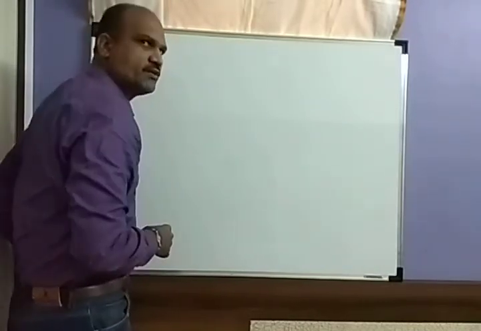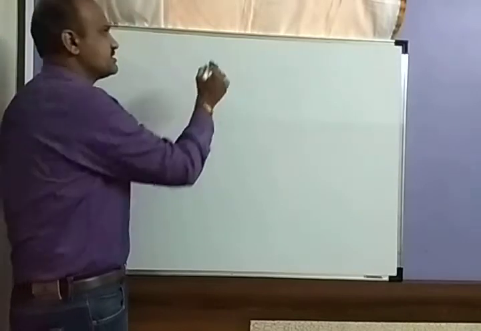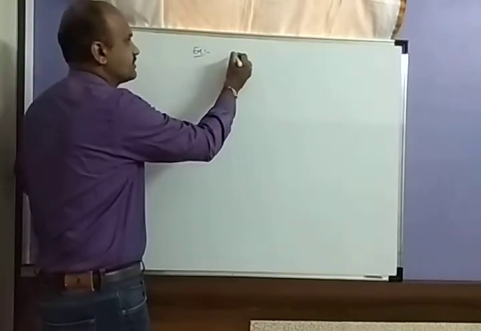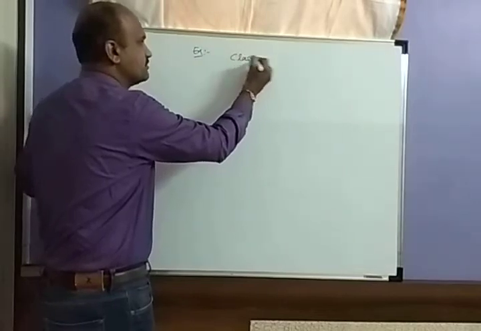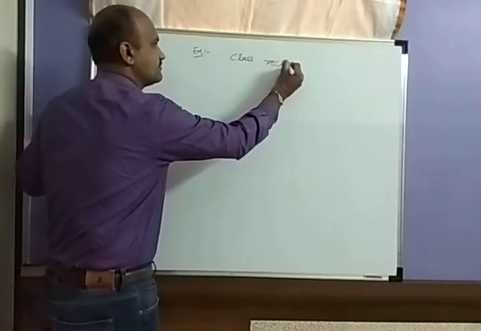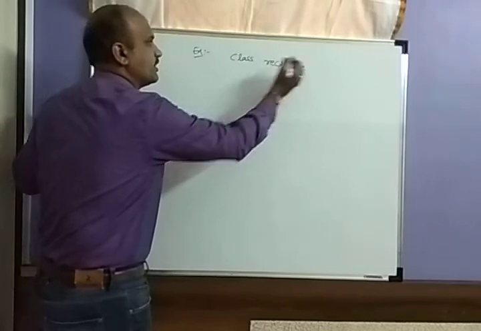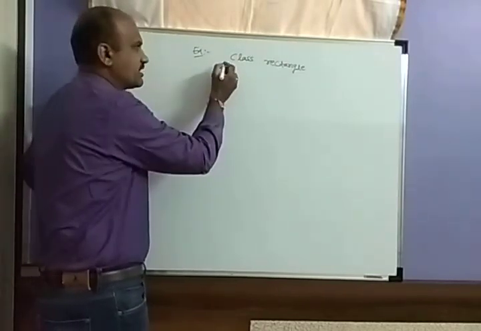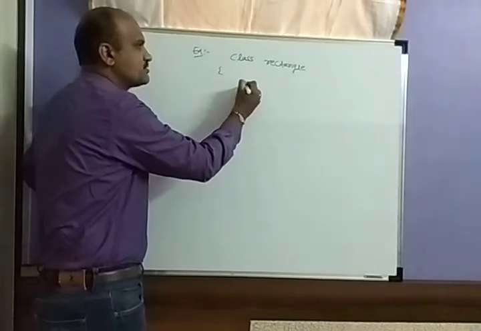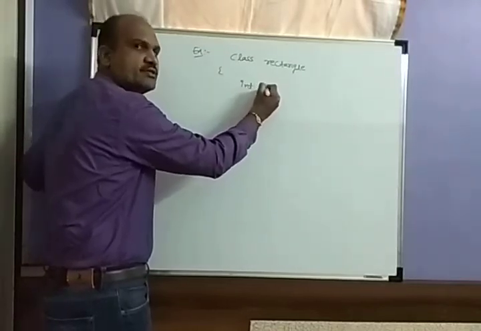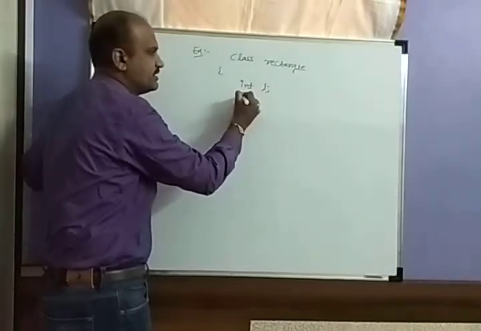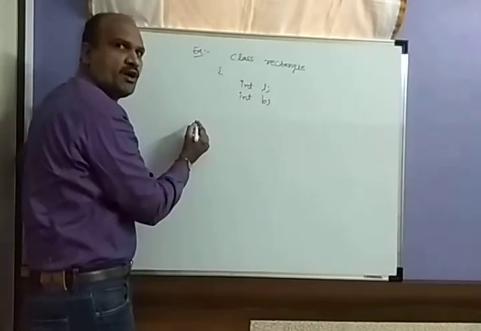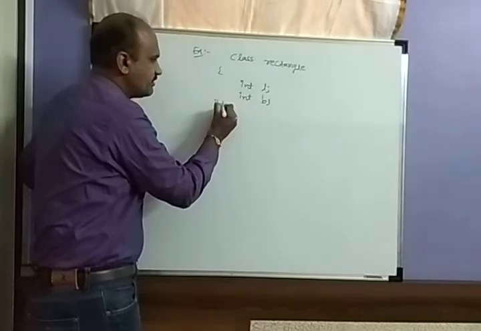We define a class Rectangle. Class is a keyword, Rectangle is the name of the class. Then open brace, we declare int L and int B for breadth.